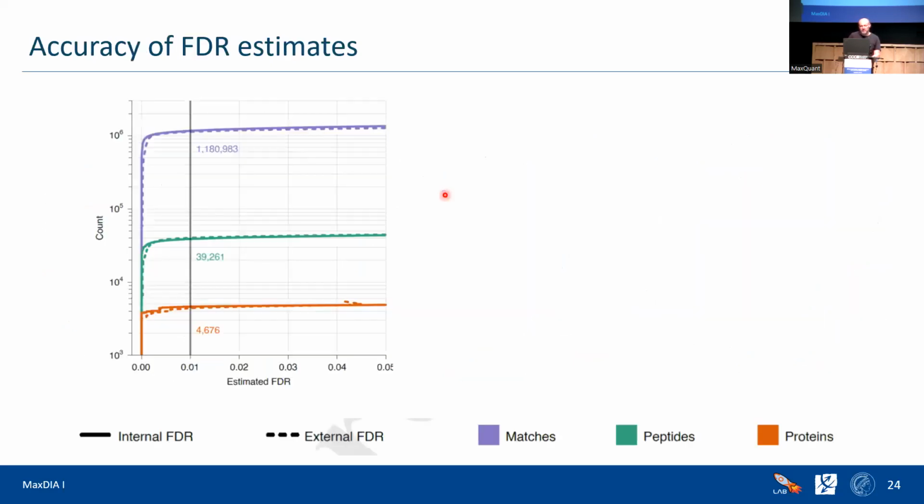Okay, so then we did this famous test of the accuracy of the FDR estimates. We have an internal FDR estimate that is based on target decoy search, reverting sequences, and so on. We compare this with the external FDR, which is determined by offering, on top of the correct library, also an incorrect library.